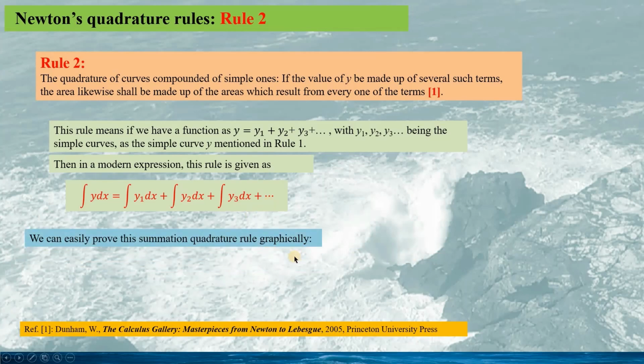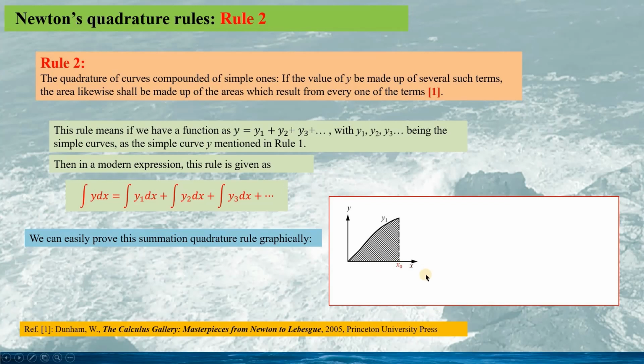This can be easily proved using a graphical way. For example, if we have the area for a function y1, see the hatched area. So the area is calculated as this integral. And we have the second area given as this, the integral of y2 given by this. Here, we take the difference of these two areas. So it can be easily seen graphically how we can do this.